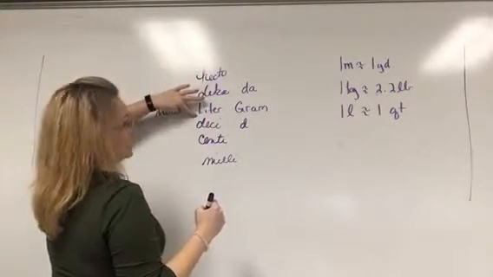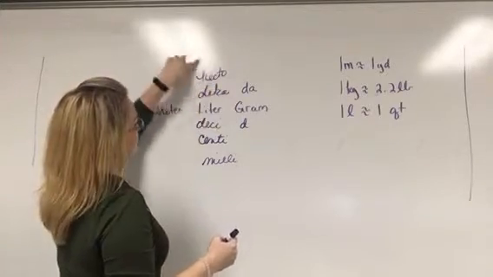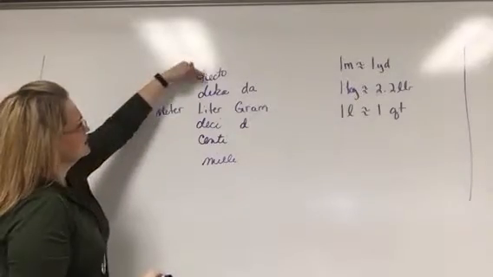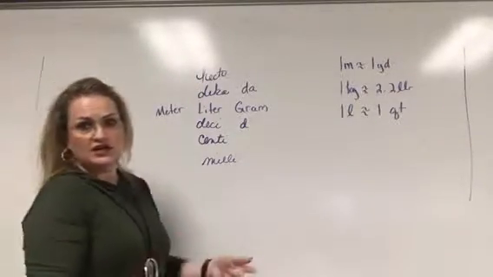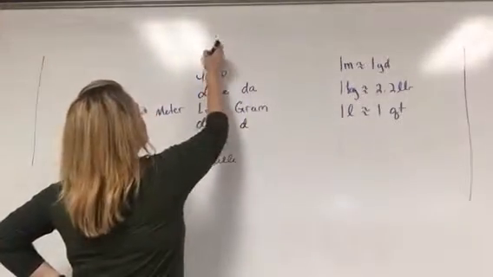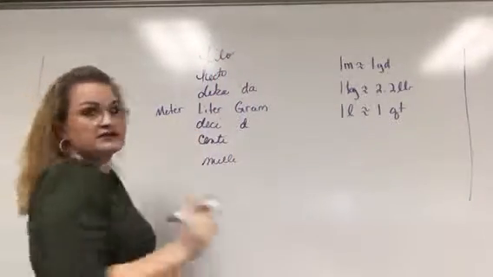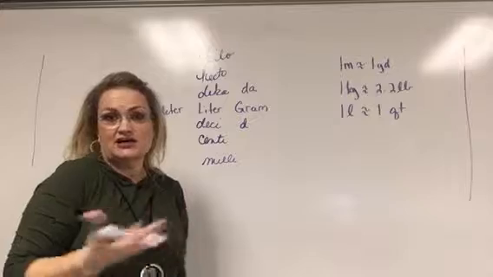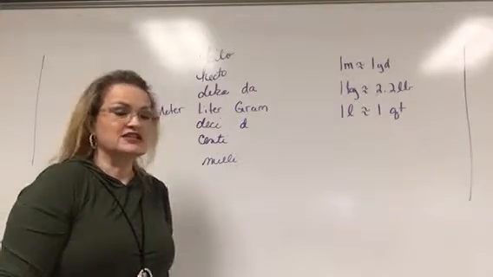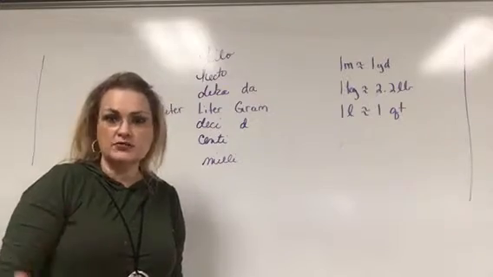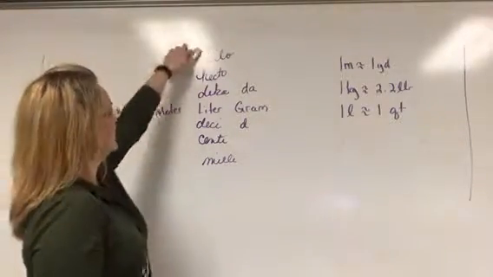Going on up the scale, a hectoliter would be 100 liters, a hectogram 100 grams. We don't say those that much though. And a hectometer, HM, would be 100 meters. And then the last one that we regularly use is kilo. Kilometer. We use that one a lot. It's the closest measure to a mile. A kilometer is a km.